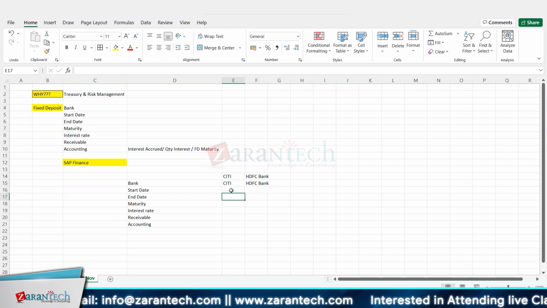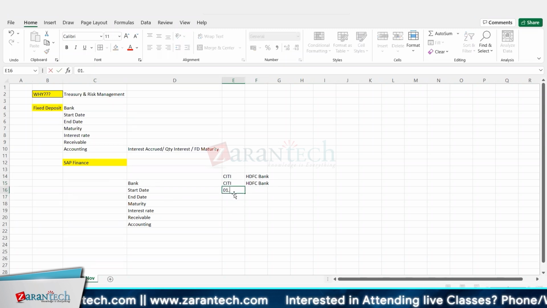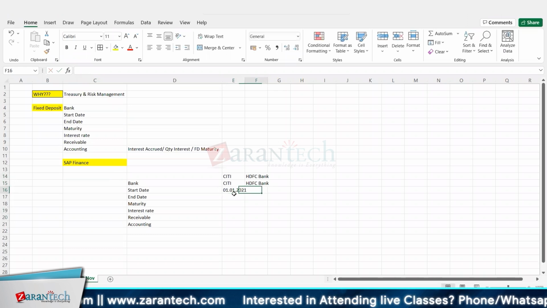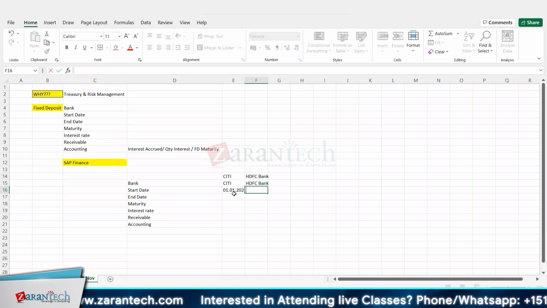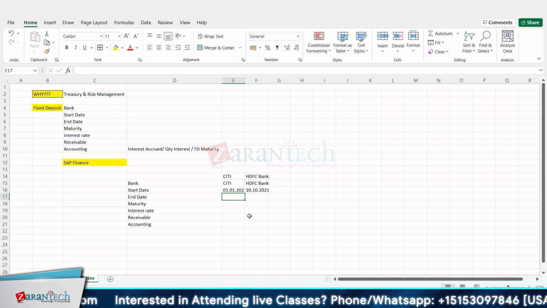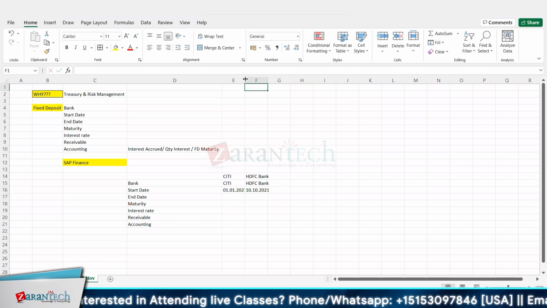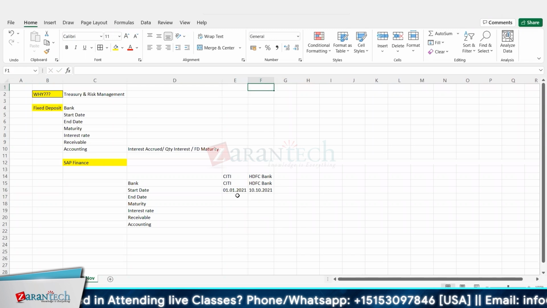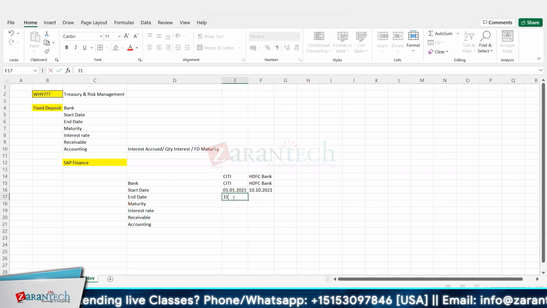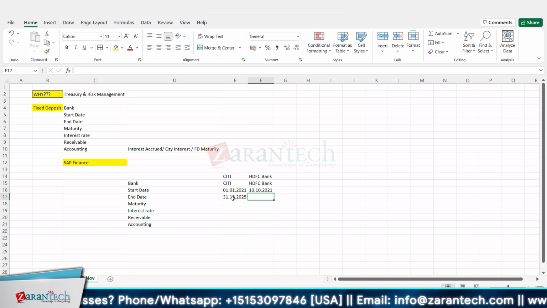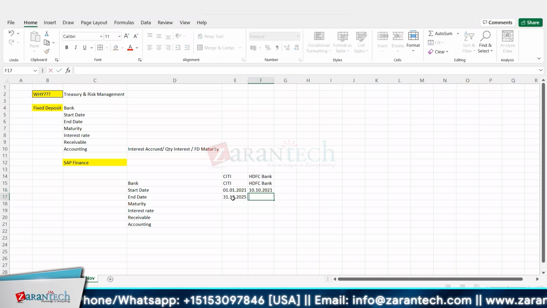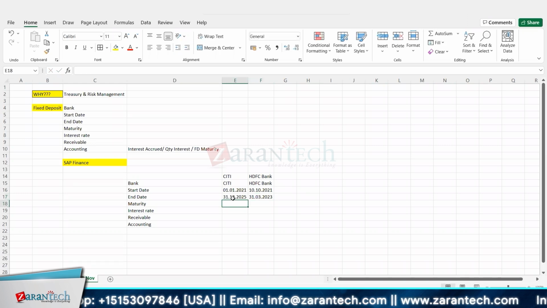Now here I have a fixed deposit. Suppose the start dates are 1st January 2021 and 10th October 2021. The maturity dates, for example, are 31st December 2025 and 31st March 2023.